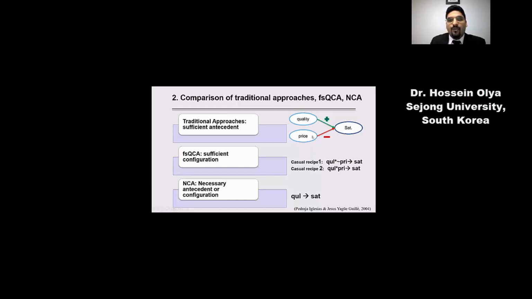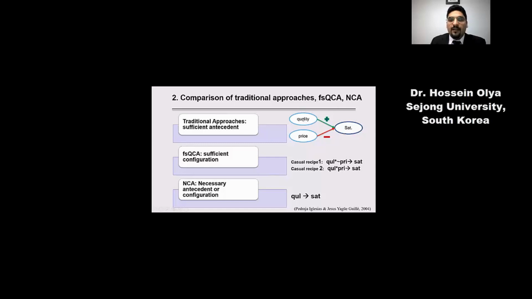Then by using conventional research like SEM and regression analysis, we investigate the sufficient factor or sufficient antecedent. But we don't know about the combination of these factors, the effect of the combination of the factors.